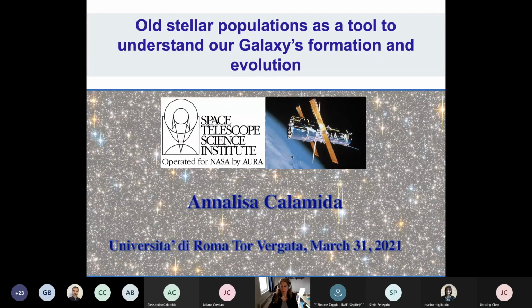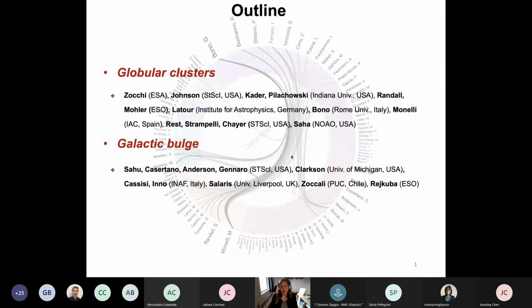Today, I will show you some results based on ground-based data and space data, mostly collected with Hubble, on old stellar populations in globular clusters and in the galactic bulge that we can use as a tool to understand the evolution and formation of the galaxy. This work was done in collaboration with many different astronomers and scientists all over the world.